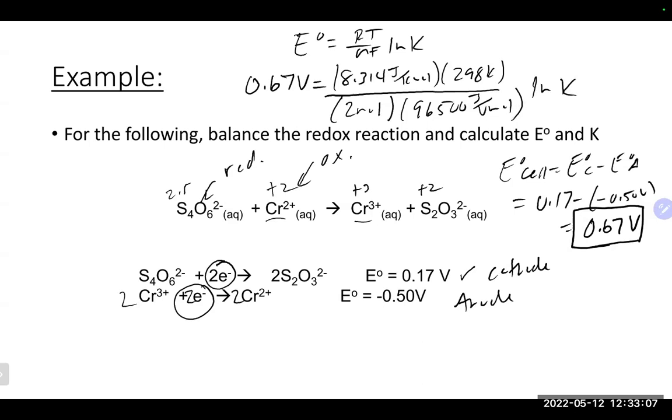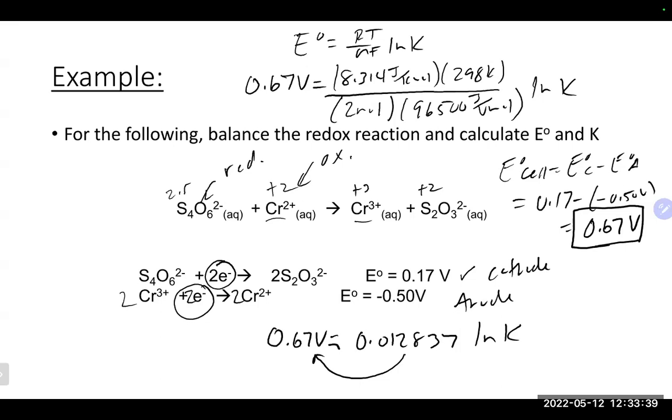So I'm going to clean up there on the left-hand side and then divide it over. So 8.314 times 298 divided by 2 and divided by 96,500. Looks like it gets me basically 0.67 volts equals 0.012837 natural log of K. Obviously bringing this to the other side and dividing gives us 0.67 divided by that.